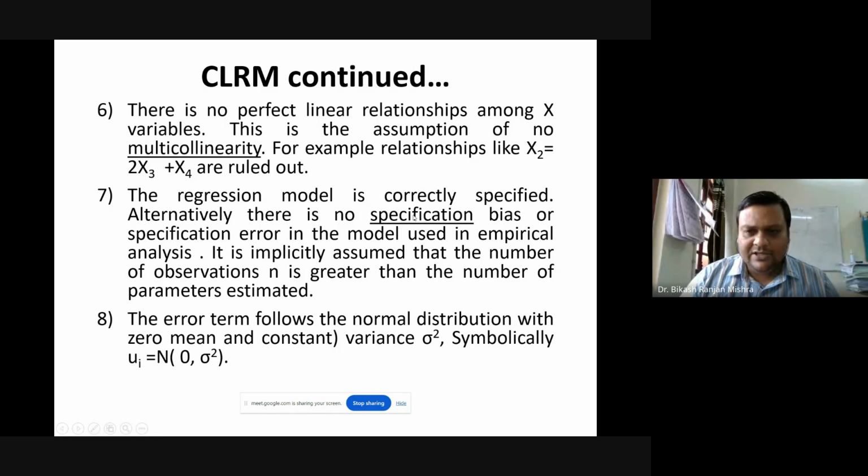Coming to specification, this is another important problem with respect to the CLRM. The CLRM says that there should not be any specification bias. Specification bias means that if two variables are linearly related, then the variable should be linear in nature.